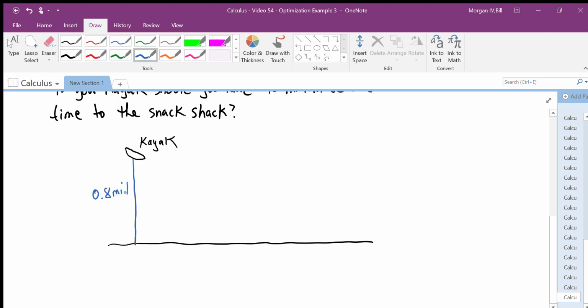You're 0.8 miles from the shore in your kayak, perpendicularly. So that's the point we're talking about. That's the point perpendicular. It's on the shore, perpendicular to the kayak. From this point, you have a snack shack somewhere along the way here. Here's your snack shack.